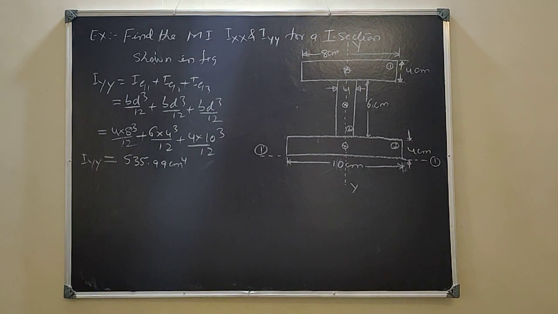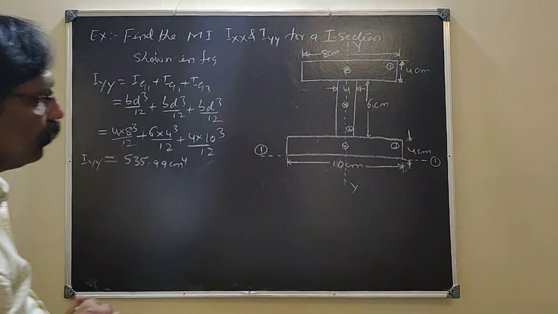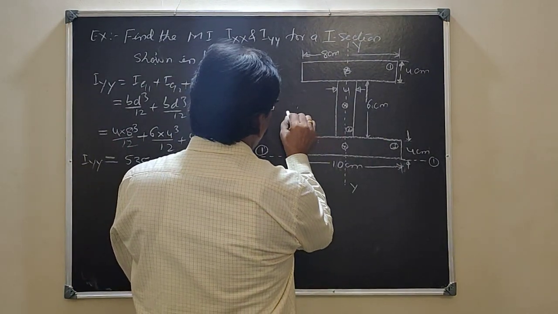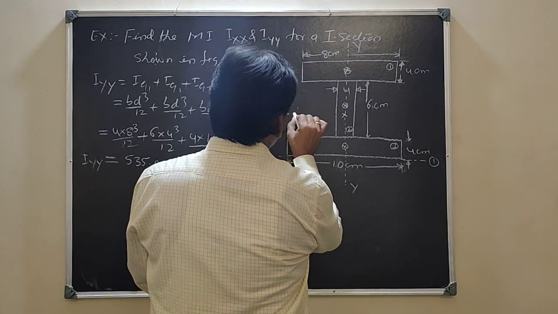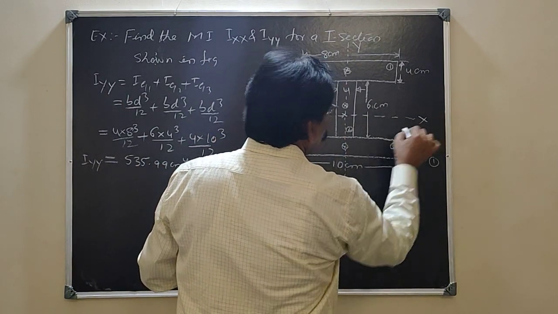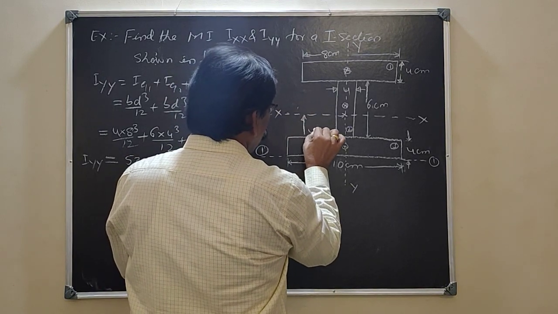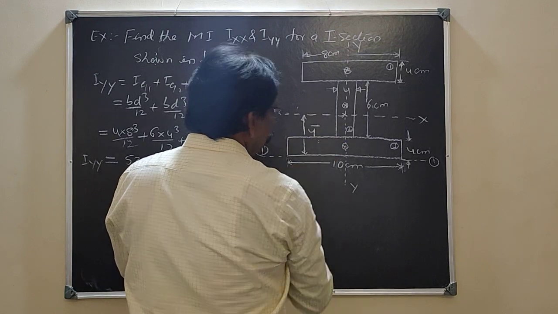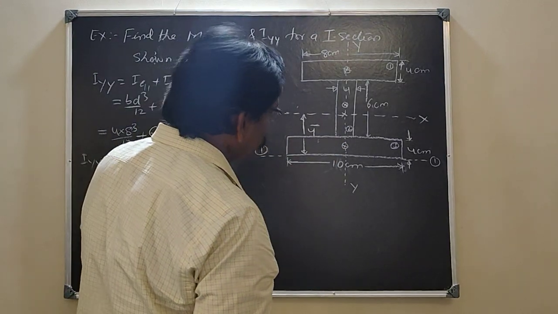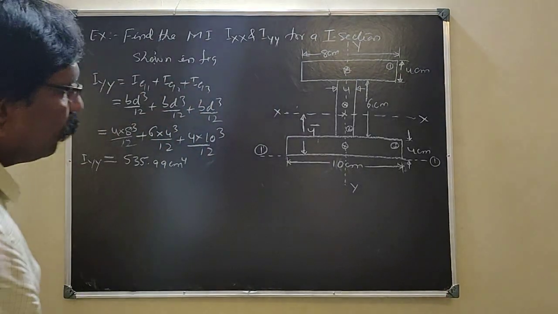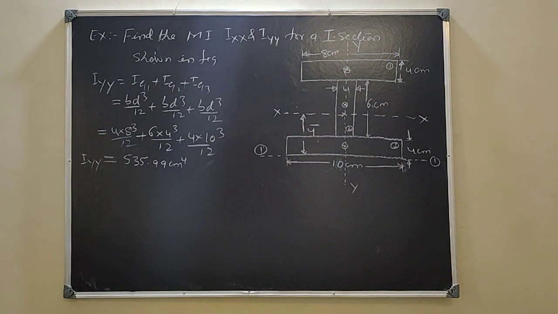Now as far as this figure is concerned, it is unsymmetrical about the x-axis. So the center of gravity of this one may be lying somewhere here. This will be our centroidal axis, the x-axis, and this will be the distance y bar from the reference axis 1-1. In all cases, you must remember that before finding the moment of inertia, the centroidal distance calculation is a must.